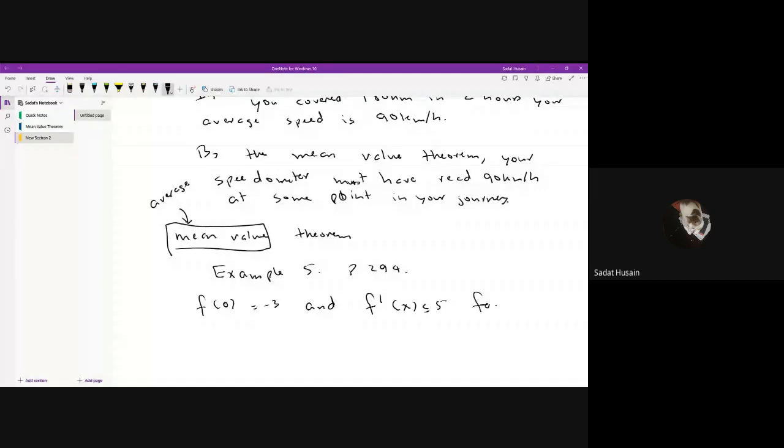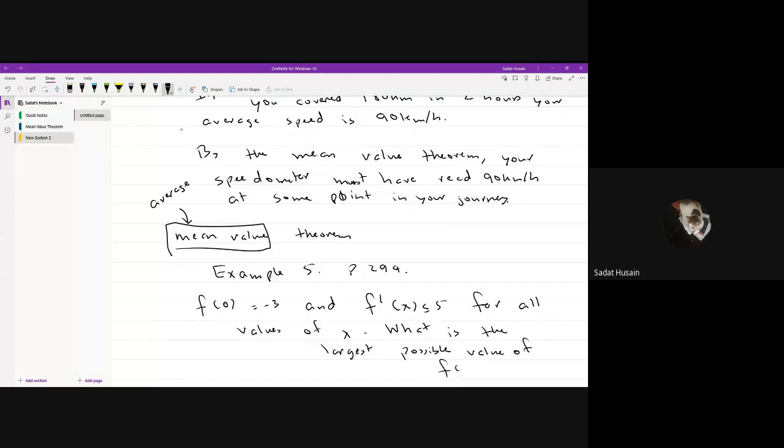What is the largest possible value of f of 2?